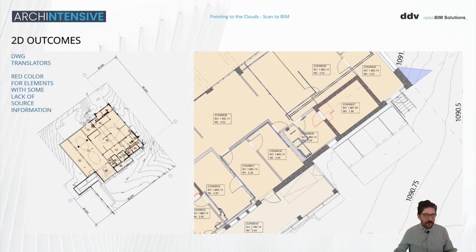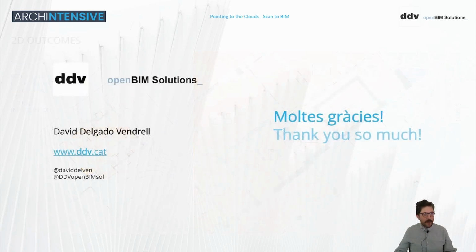And as I mentioned before, same way as we are doing with the 3D models, we are highlighting, in this case using a red color, those elements that have some particular lack of source information. So these are the 2D drawings that our client is receiving from our work.